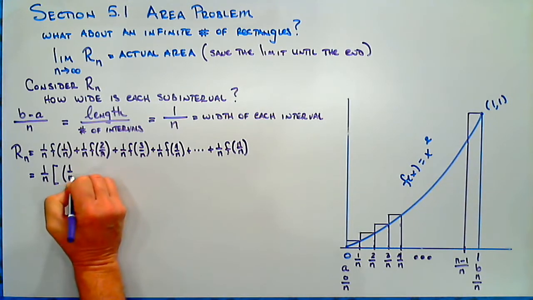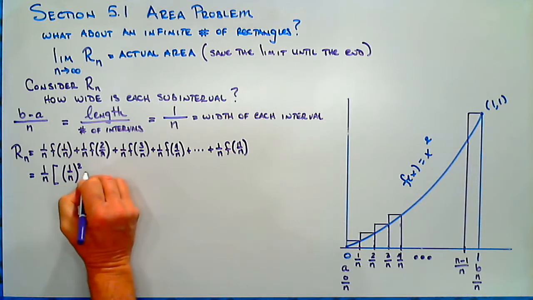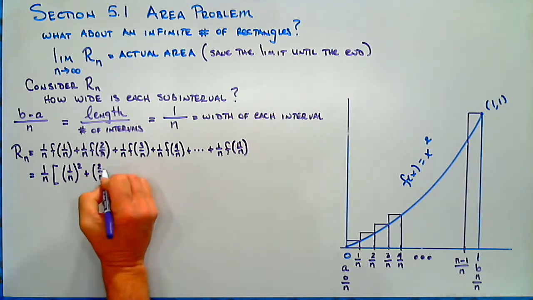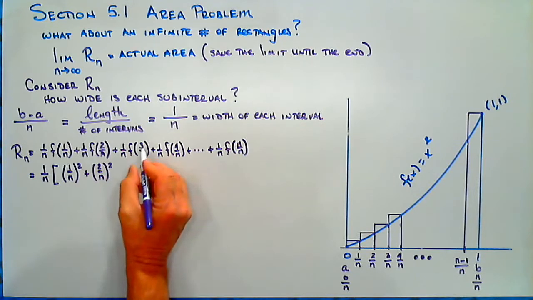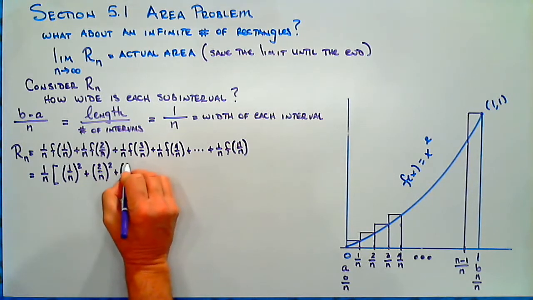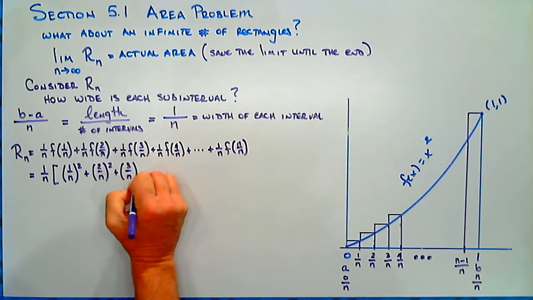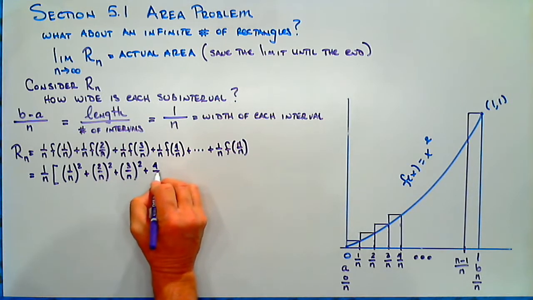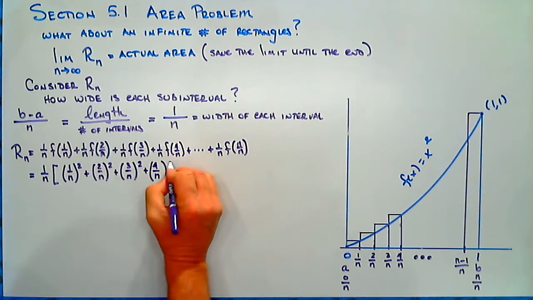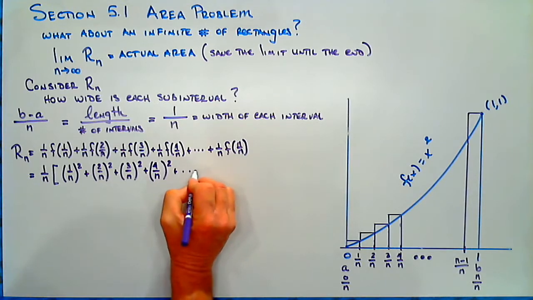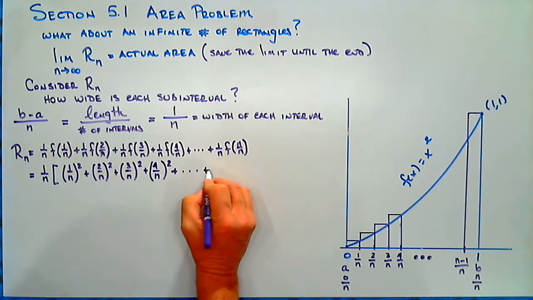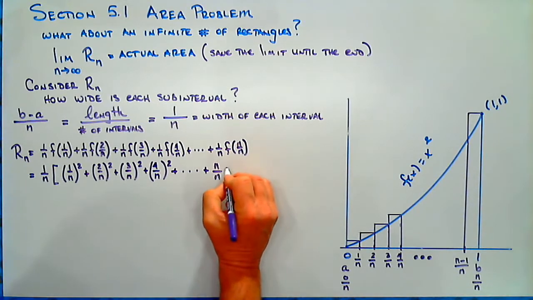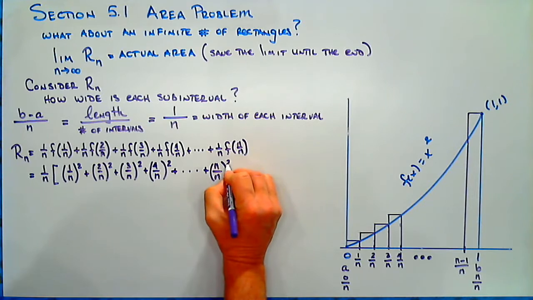It's 1 over n squared. This is going to be 2 over n squared. This is going to be 3 over n squared. This is going to be 4 over n squared. And this pattern is going to keep going until we get to here, where we're going to have n over n squared.